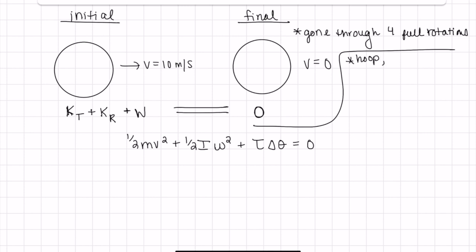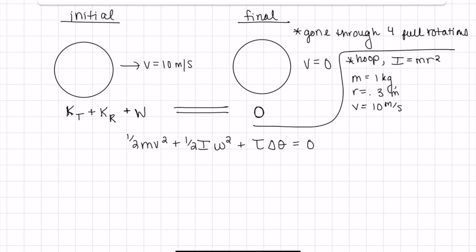So since it's a hoop, that's going to tell us that the moment of inertia we can use is mr squared. Our m is 1 kilogram, our r is 0.3 meters, our v is 10 meters per second. Really typical for these types of problems is that we have these two different types of kinetic energies, but they're only explicitly giving you either the angular velocity or the tangential velocity.